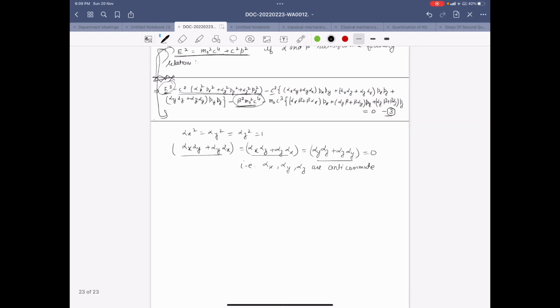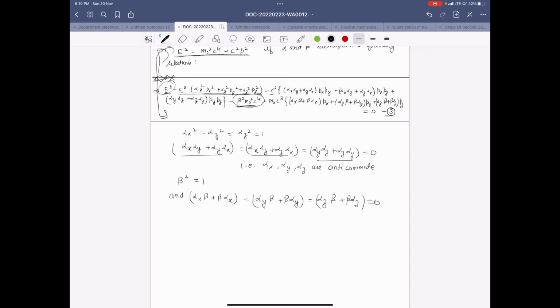Along with this, what else do we need? m naught square c to the power 4, so it means beta square should be 1. Finally, we have some more terms, alpha x beta plus beta alpha x, similarly alpha y beta plus beta alpha y, and alpha z beta plus beta alpha z. All these terms must also be 0.